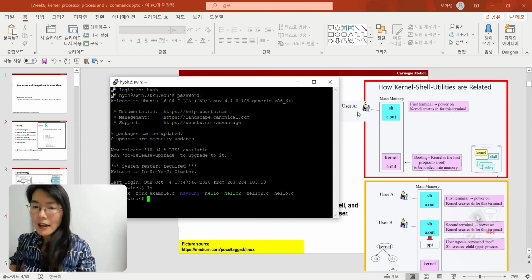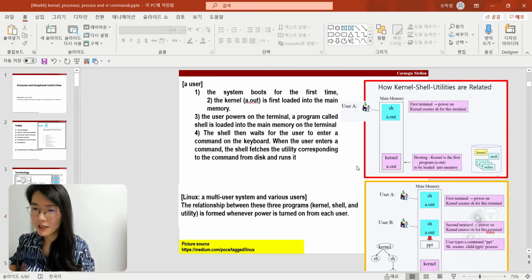Okay, and the second figure is related with a multi-user system and various users. The relationship between these three programs, such as the kernel, shell, and utility, is formed whenever power is turned on from each user. All right. So user A can efficiently use the shell with the utility on top of the kernel.